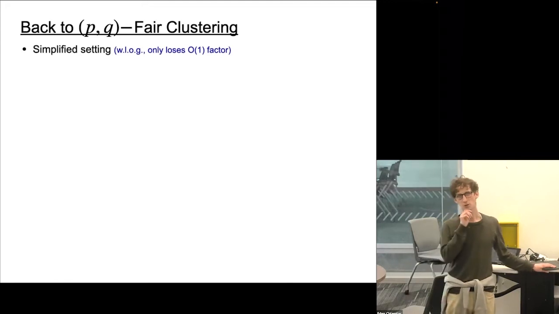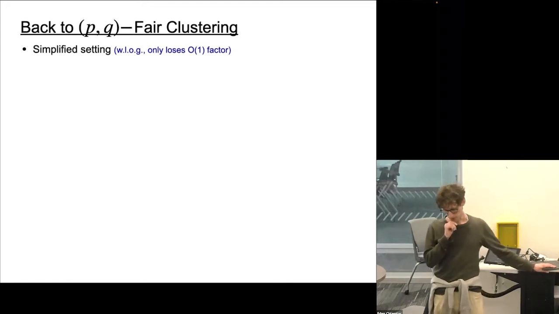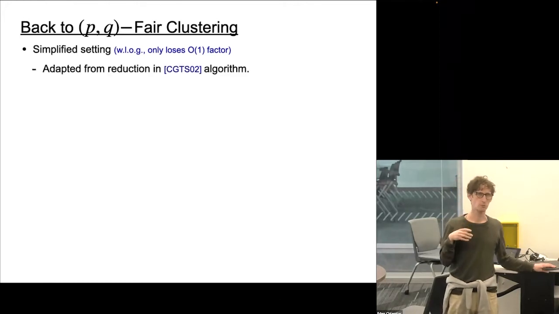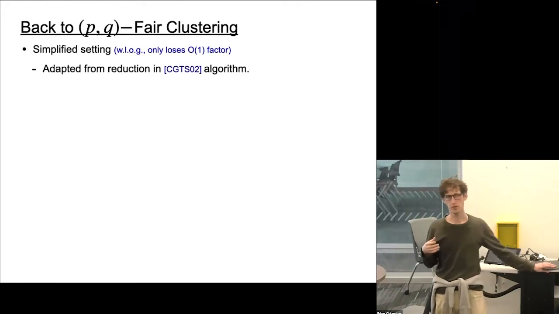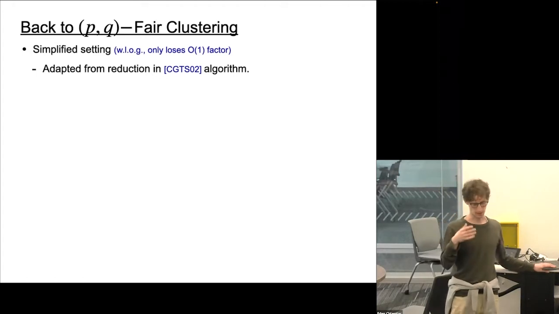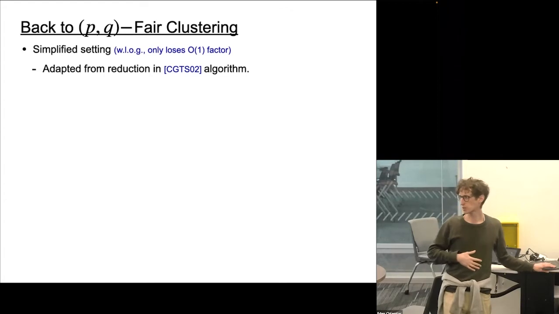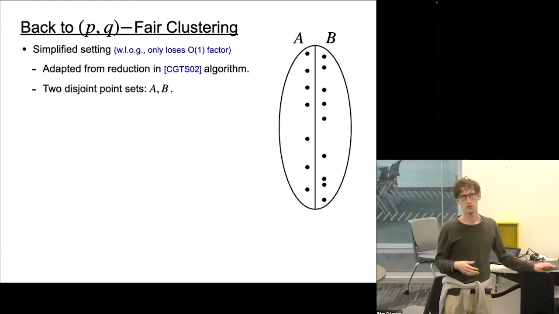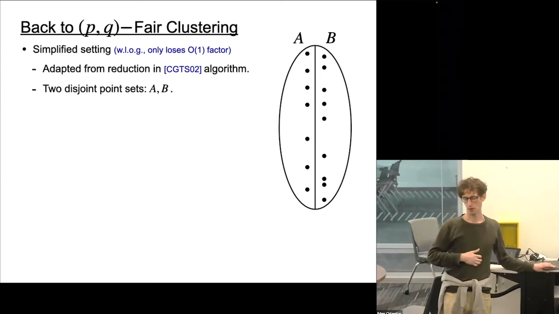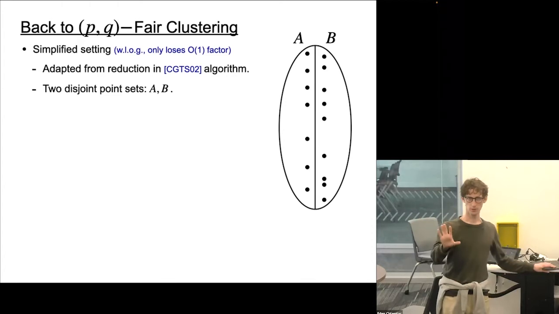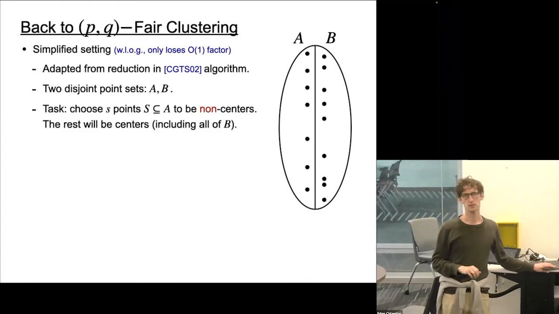Okay, so we have a simplified setting, which comes from this paper that I mentioned before, of Chadka for K-median, which works equally well in our setting. This is a reduction that they do, which takes you from the general clustering input to this very specific format where you have two disjoint point sets.